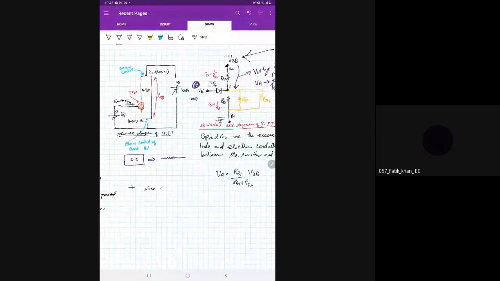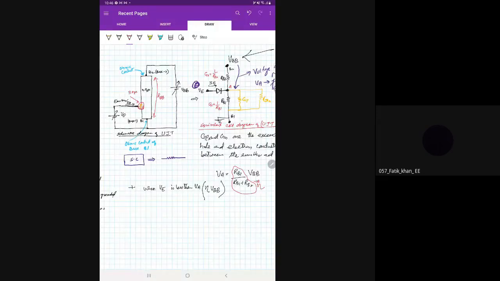When the emitter voltage VE in this circuit is less than VA. VA is nothing but eta times VBB, because we saw that this entire thing is equal to eta.